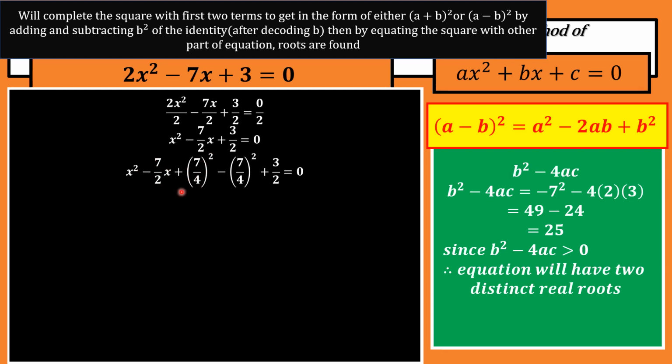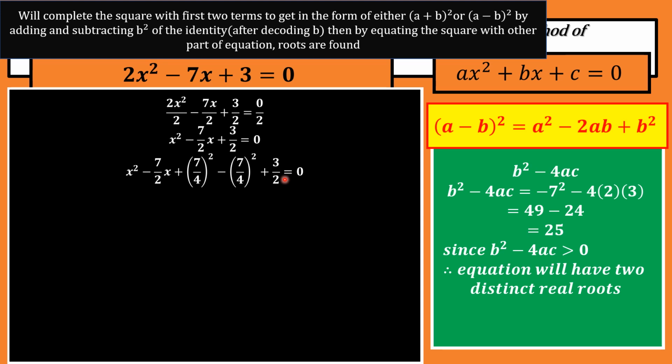So half of 7 upon 2 is 7 upon 4. We'll square it, add it and subtract it simultaneously, plus 3 upon 2 here.